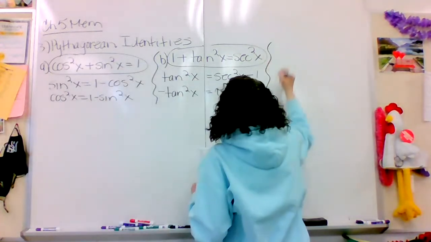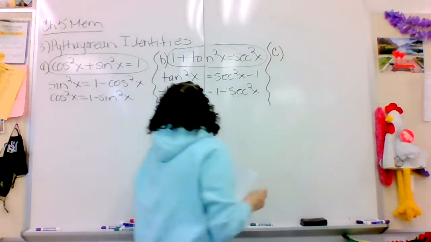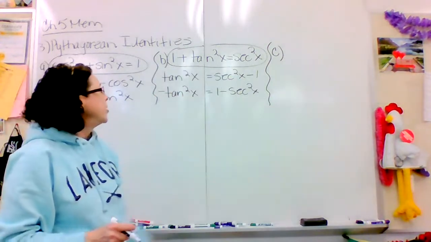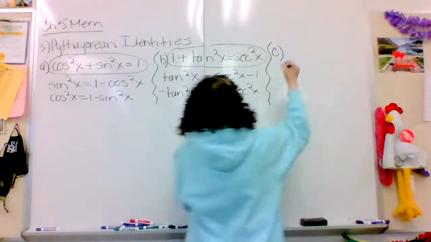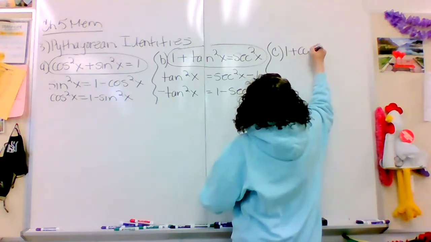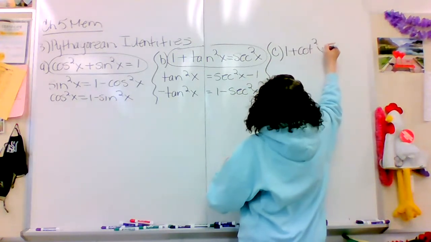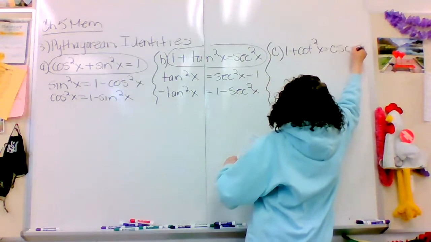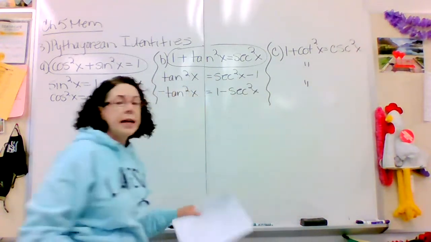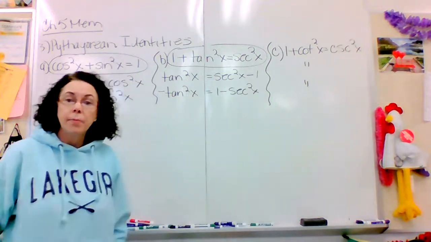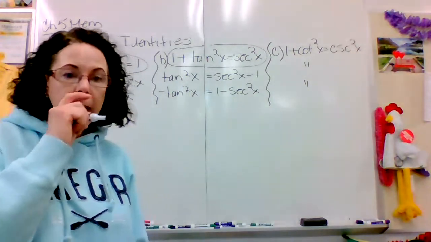The last one, C, is just the Pythagorean identity you see here, but with co on the front, meaning 1 plus cotangent squared x equals cosecant squared x. And they would also have the same different formats that you might see here, okay?